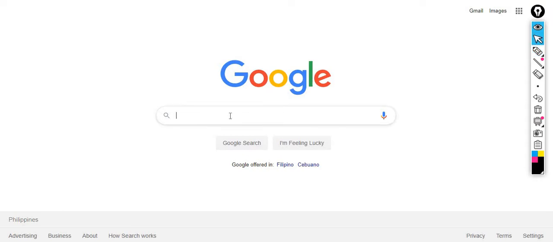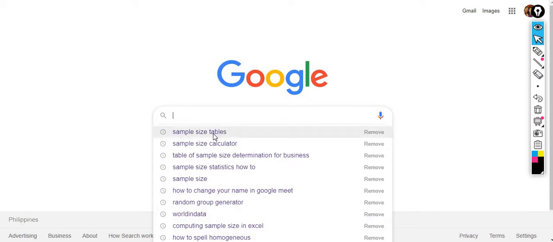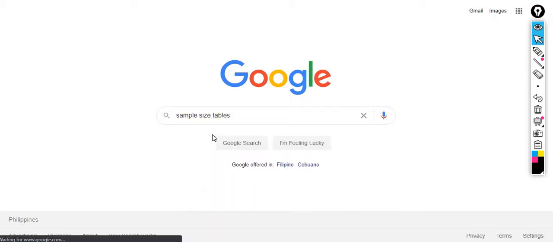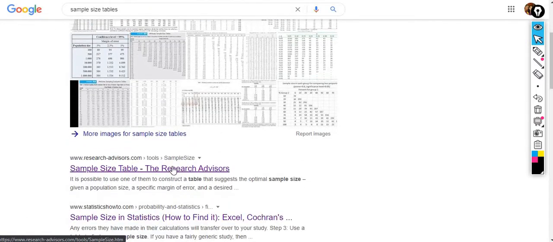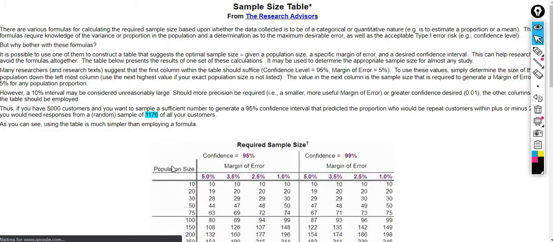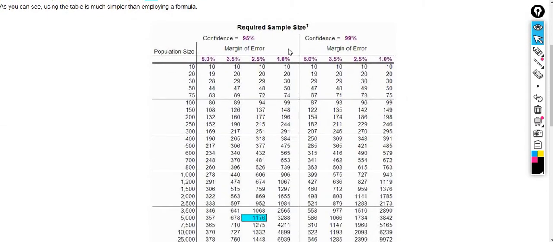So now that we cleared that up, we can simply search Google for sample size tables. And as you can see, we actually have a lot of images here. We can click the first one that comes out, and we already have a sample size table.